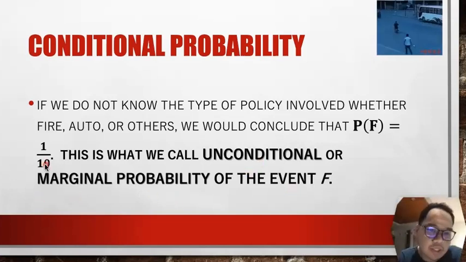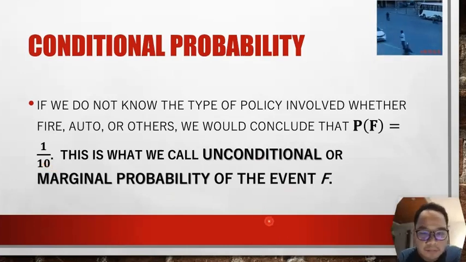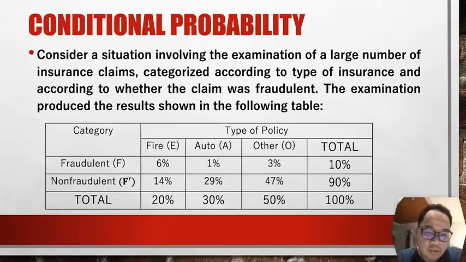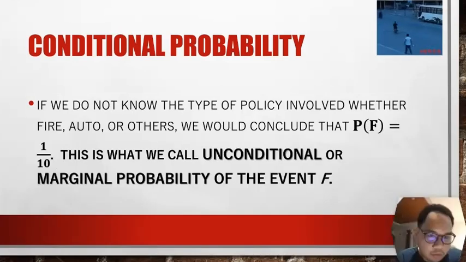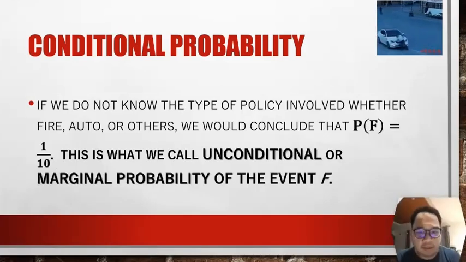It will be 1/10 to be exact, because going back to the table, if it's only fraudulent and there's no given, or no such thing as determining what claim it is, it's going to be 10 divided by 100. So that's 1/10, and that's what we call the marginal or unconditional probability of event F.